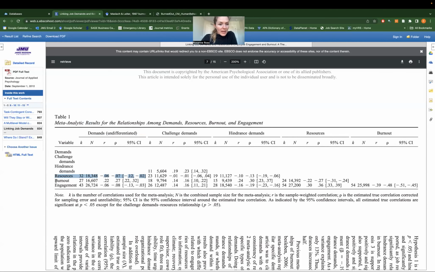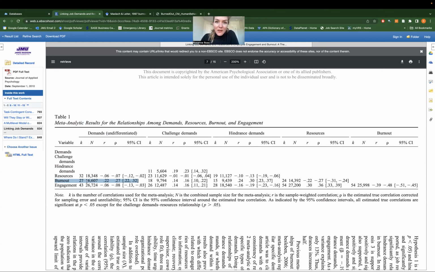So then what we can do is see, okay, burnout. Well, let's look at the relationships between burnout and all of these other things. K still tells us the number of studies that we have. So with this burnout variable, they aggregated 27 studies. The relationship between burnout and job demands aggregated 27 individual studies with correlations.